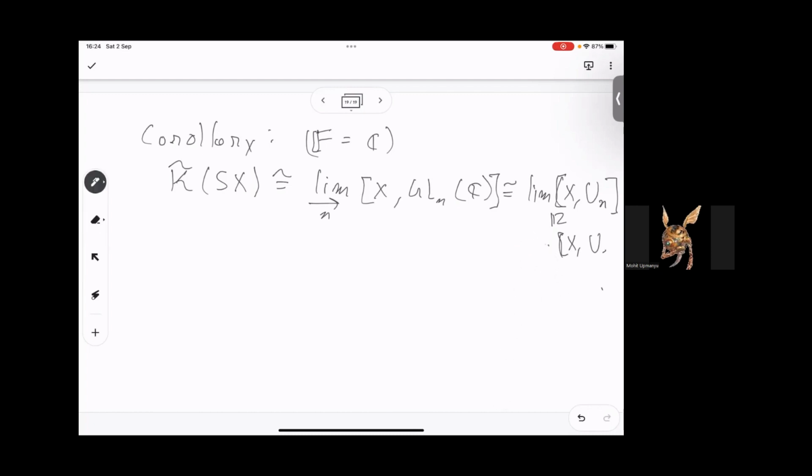Or I could take [X, GL infinity]. I could take the direct limit inside, right?